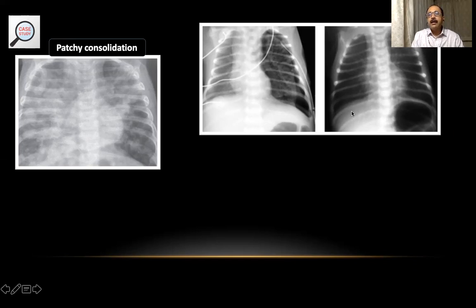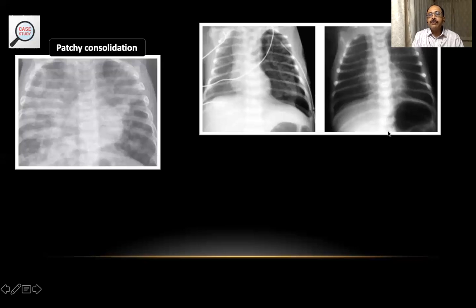Now look at this X-ray. This is again good volume lungs, but what you find here is diffuse blackness of both the lung fields, suggesting that it is air only which is there, and there is hardly any other pathology which is visible. The cardiac shadow is normal.